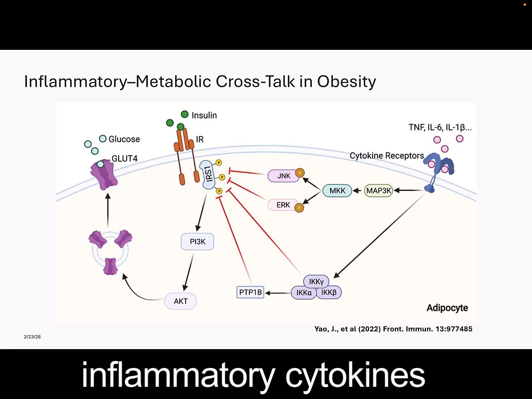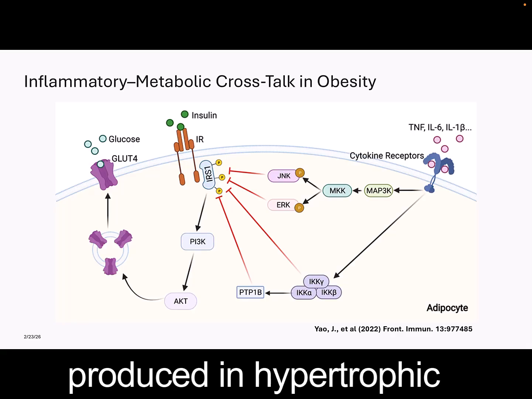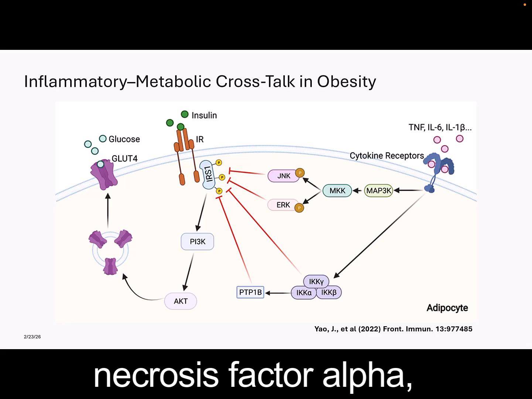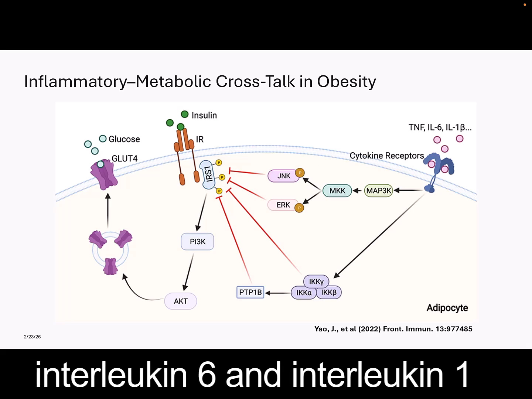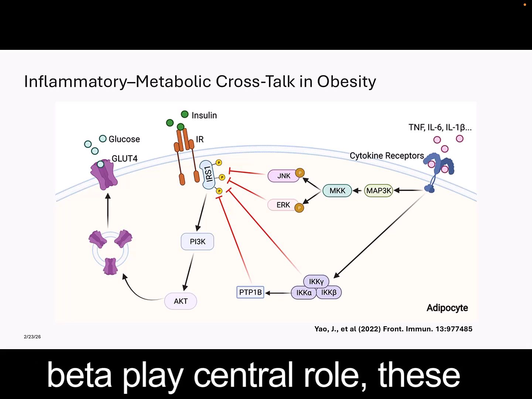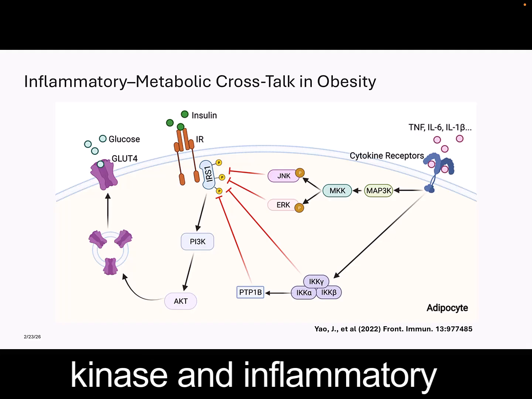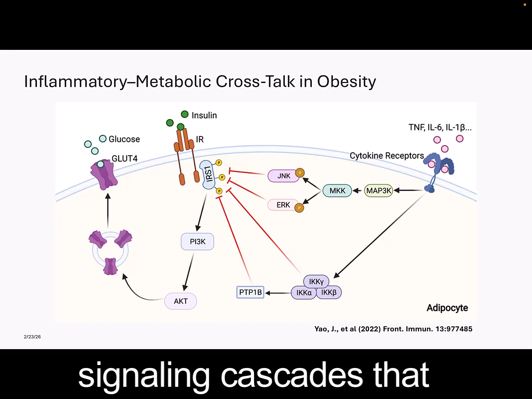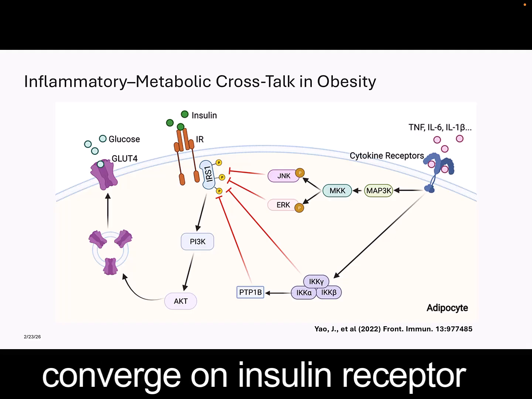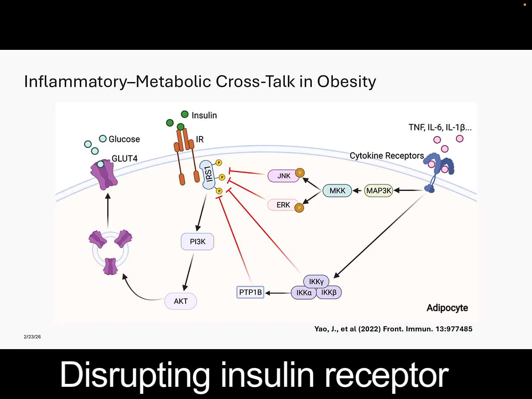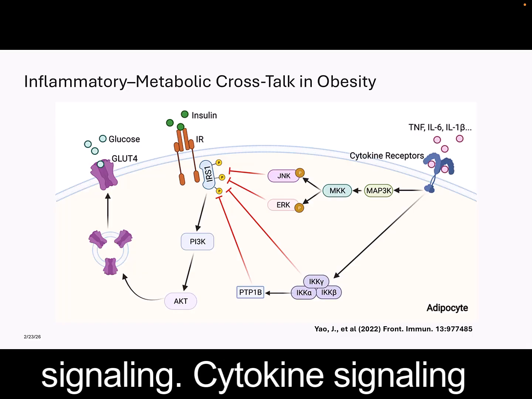Among the pro-inflammatory cytokines produced in hypertrophic adipose tissue, tumor necrosis factor alpha, interleukin 6, and interleukin 1 beta play central roles. These cytokines activate stress kinase and inflammatory signaling cascades that converge on insulin receptor substrate 1, or IRS1, disrupting insulin receptor signaling.